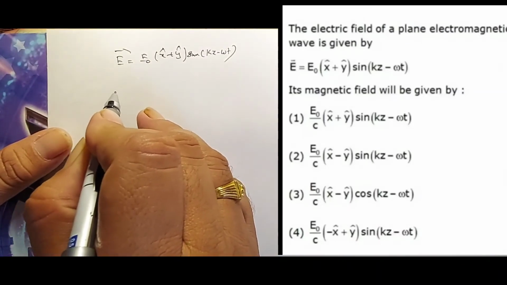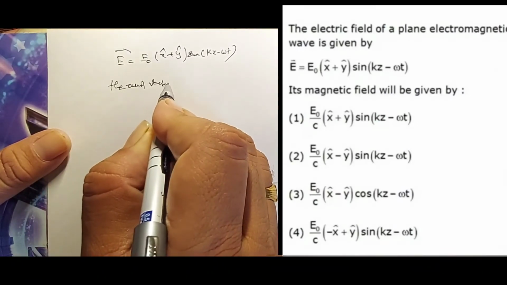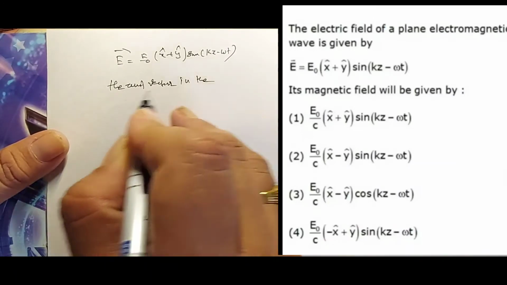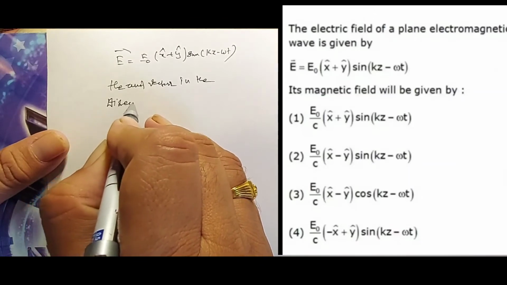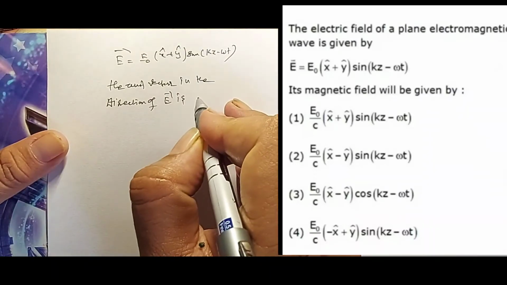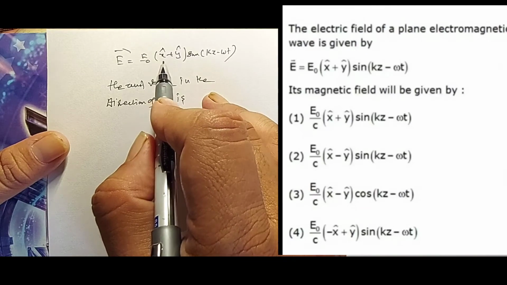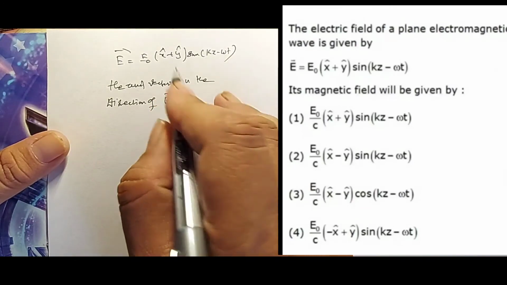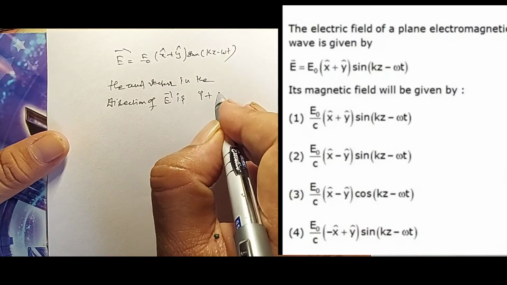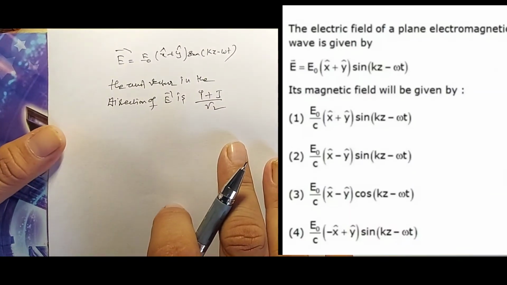So now the unit vector in the direction of E bar is, here the unit vectors along the x direction and y direction are i, j, so i plus j by root 2.